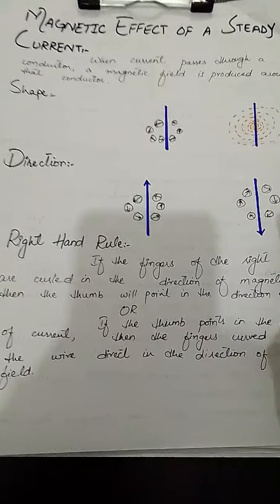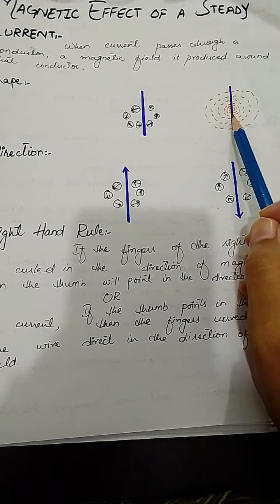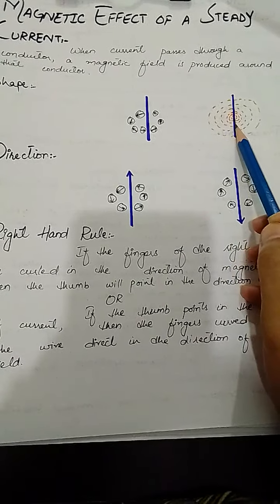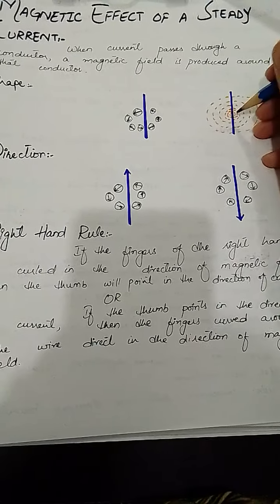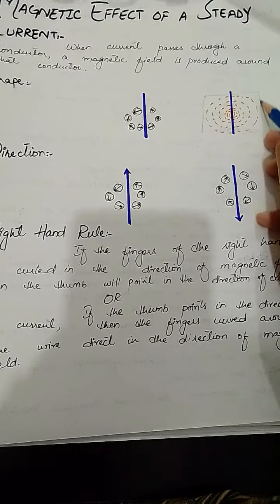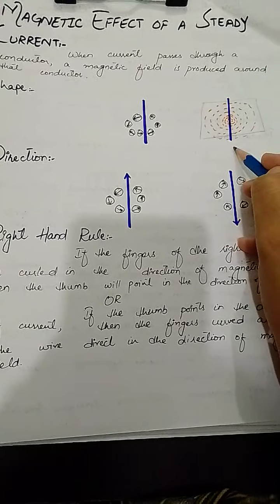So this shows that the direction of the magnetic field around a current carrying wire is in the shape of a circle. We can also prove it by another experiment where we take another wire, pass some current through it, and pass this wire through a piece of paper.